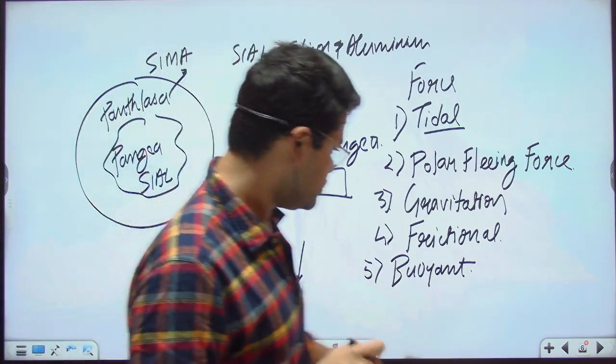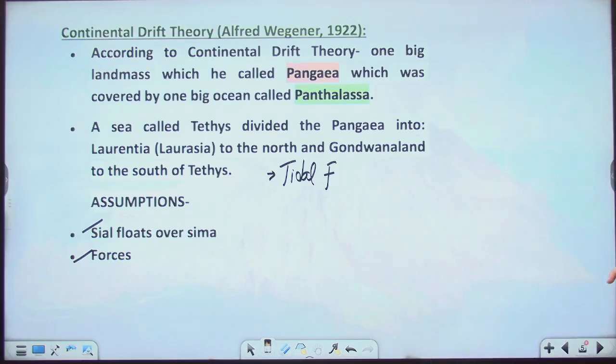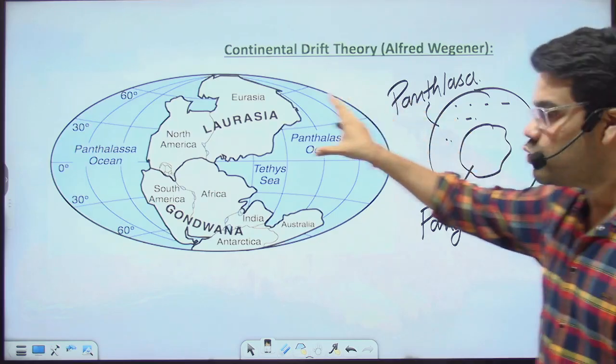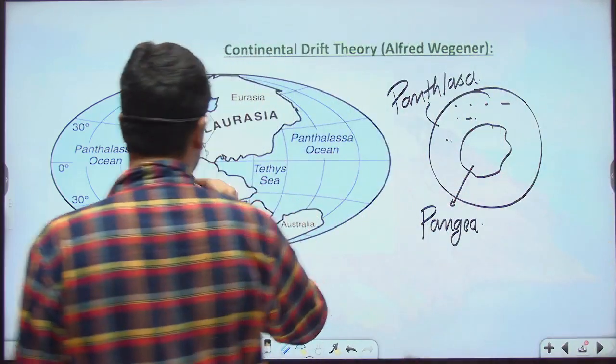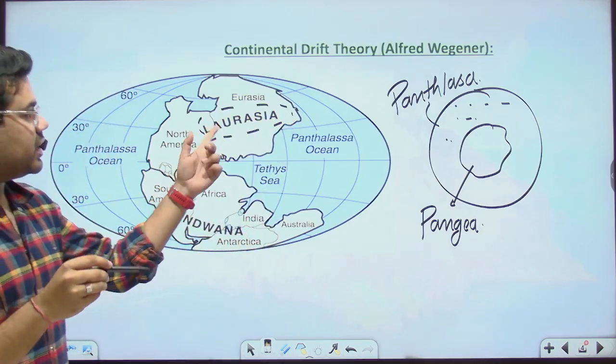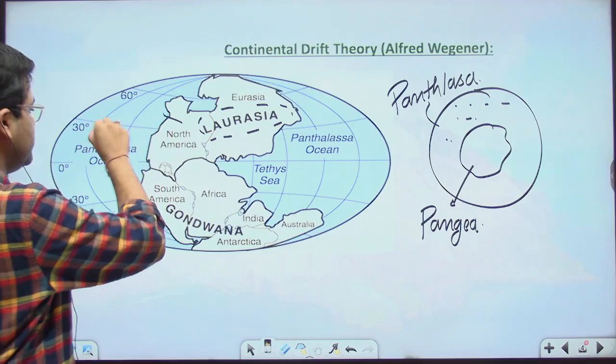Now, with the application of these five forces, he said Pangea is going to break into two major parts. What are the two major parts? One continent is Laurasia, also said to be Angara land.